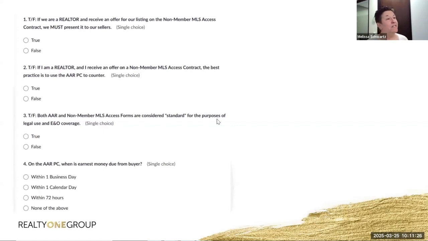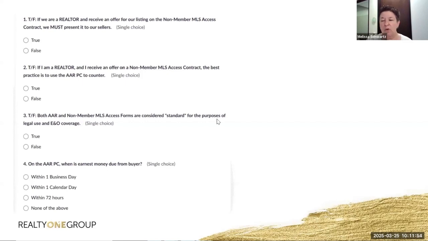That's the way ours is, but that's not Arizona's. That's why I asked who wrote it. MLS isn't the association entity, right? It's called non-member MLS access, not affiliated with the association. Correct. It's a non-member, it's away from the associations, and it was written by an Arizona attorney though.